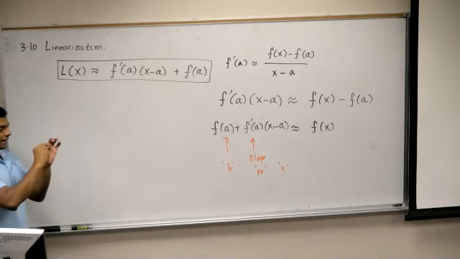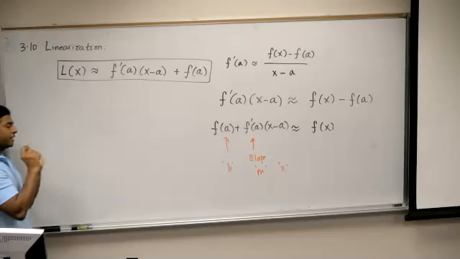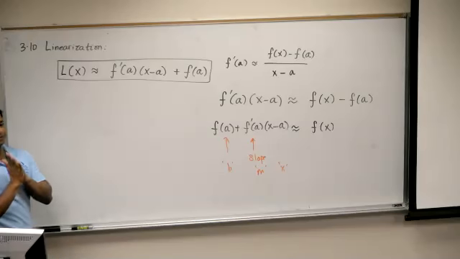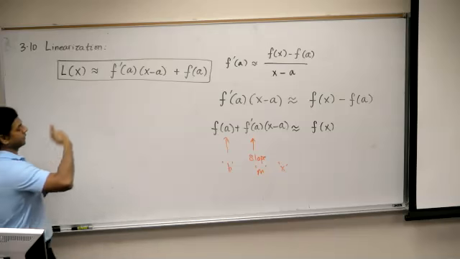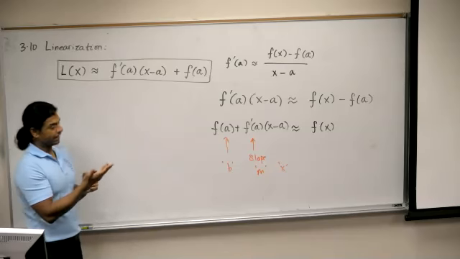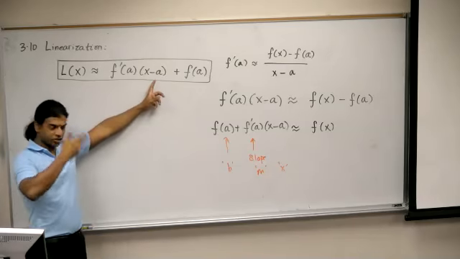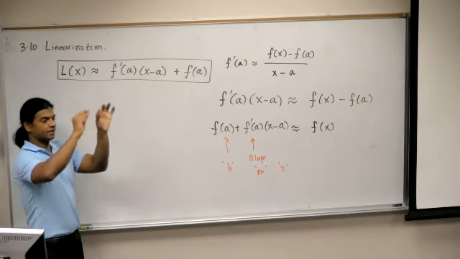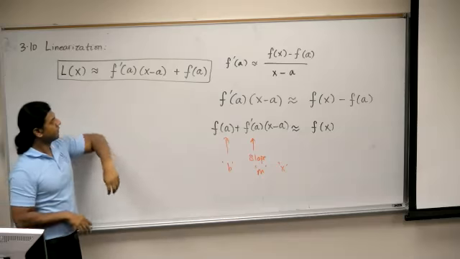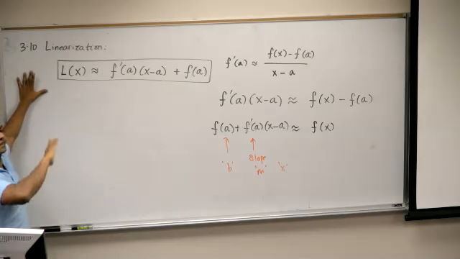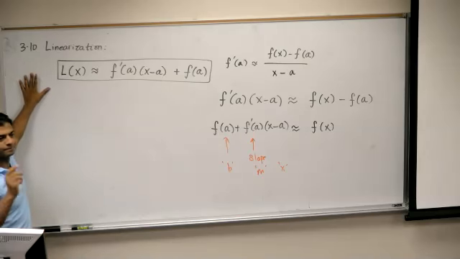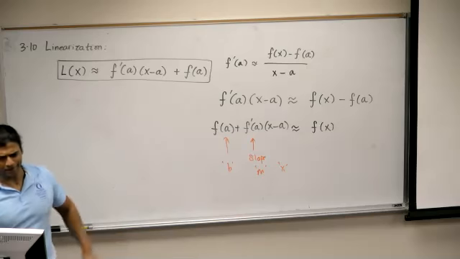So I can keep on approximating really well as long as I'm close to a. What do we do if we want to approximate at a different a value? We'll keep changing the a values and coming up with lines time and time again to get a linearization on the entire domain. Good.